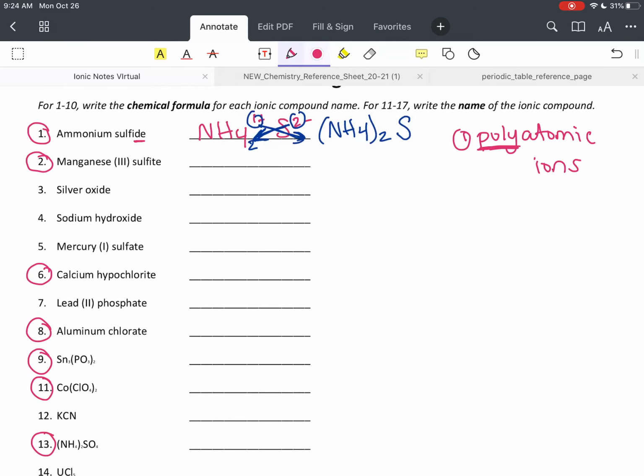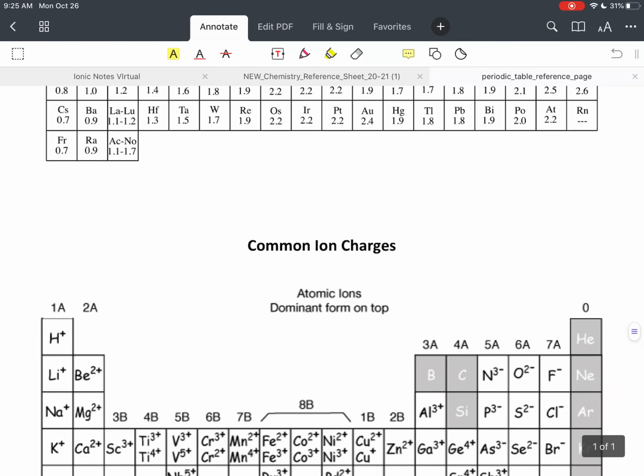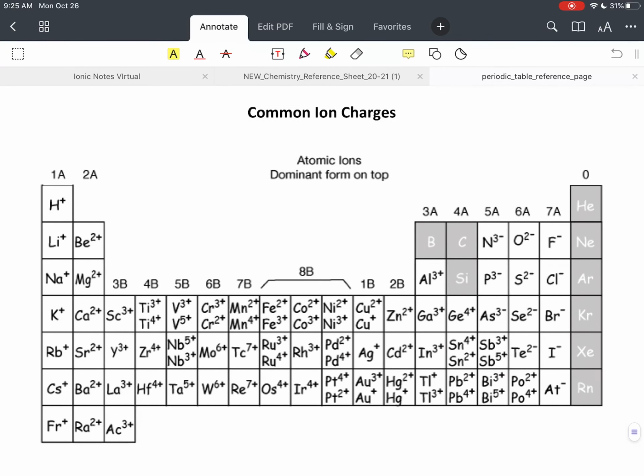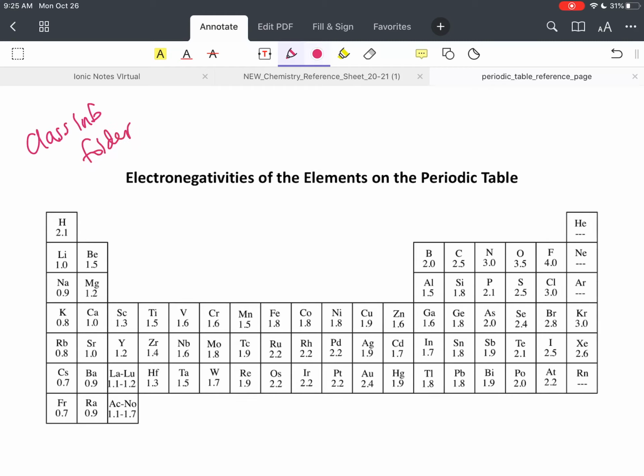Okay, so let's look at another one that has a polyatomic ion. So that's number 6. Okay, so calcium, I know that's just off my periodic table, so that's Ca. And if you don't have this sheet, this is also under that general class info folder, and I think it says periodic table of reference.